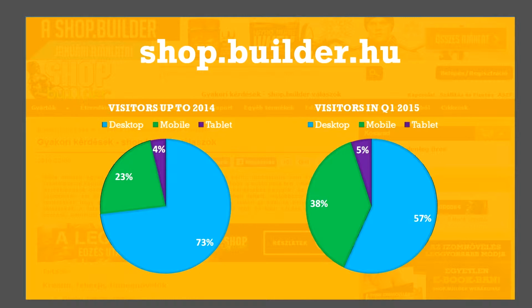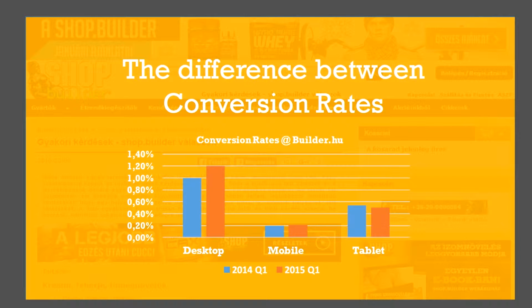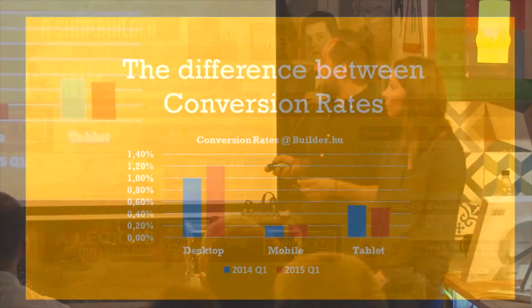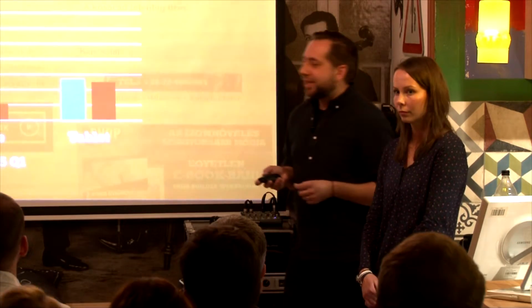So there was a significant growth in mobile users, but they haven't contributed to the revenues as was expected. And of course, there is a harsh difference between conversion rates on the mobile site and on the desktop site. There you can see in the first quarter of 2014, it was 1%.